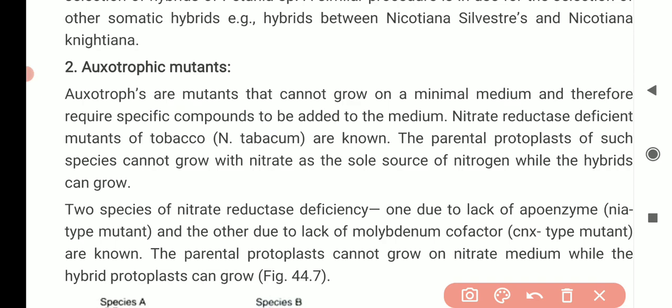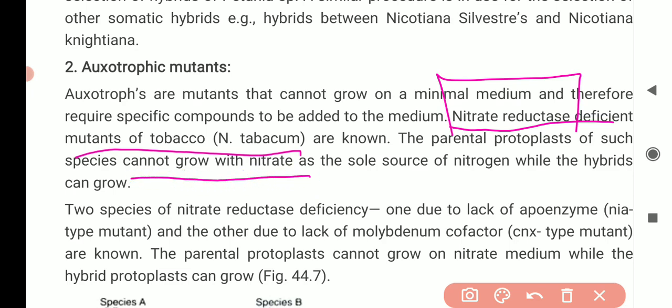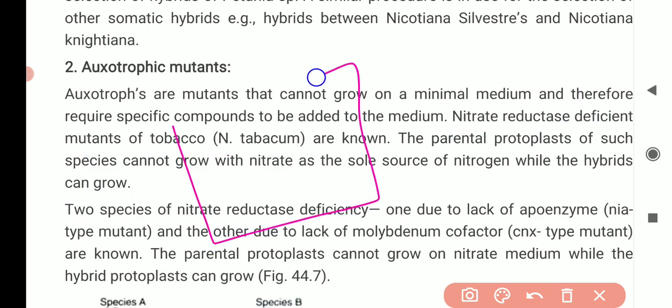The thing is, they cannot grow normally. Nitrate reductase deficient mutants of tobacco. These are the mutants which are deficient in nitrate reductase. So they cannot grow if only nitrate is there in the medium as a source of nitrogen, but the hybrids can grow. In the medium you have nitrate.